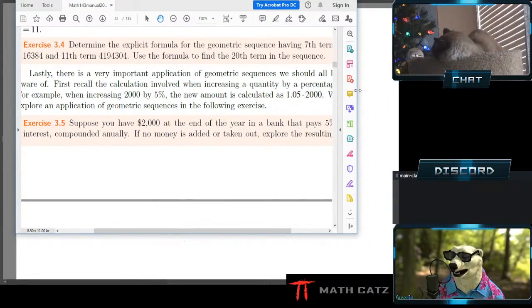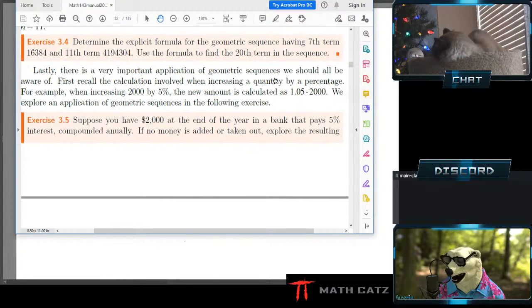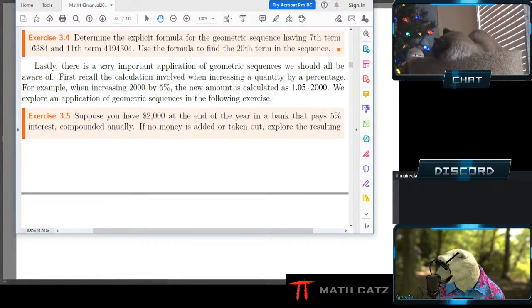So now we have the last question, similar to the arithmetic sequence question. I want to find out what sequence has 7th term this, 11th term that, and then use a formula to do whatever. This is our last exercise, exercise 3.4.